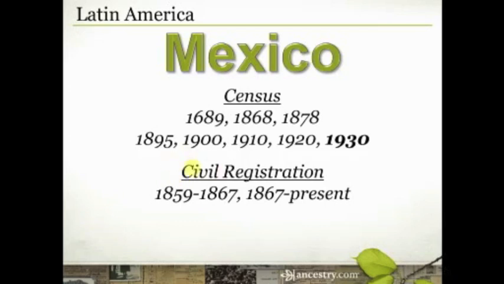So from 1859 to 1867, there are records that exist, but they're super, super spotty, right? Your ancestor may or may not, more likely may not, have been recorded during that time period. However, from 1867 to the present, those records are pretty complete, which means if a person was born, married, or died in Mexico, chances are from 1867 their birth, marriage, or death would have been recorded.